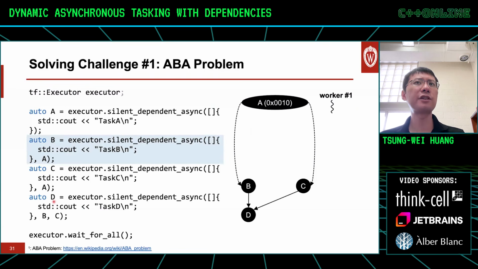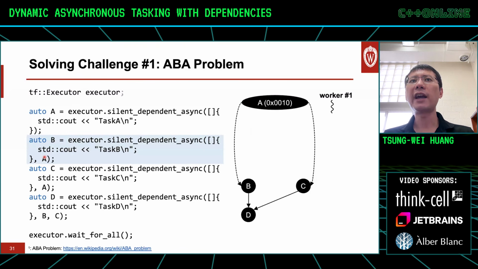Let's take a look at scheduling challenge number one, ABA. Like I said, ABA means every time you specify a task dependency, such as task B over here that depends on A's finish, that task A needs to refer to the right task A. And this is because in dynamic task graph programming, when task A is created, it may start immediately and finish just right before you want to use it.